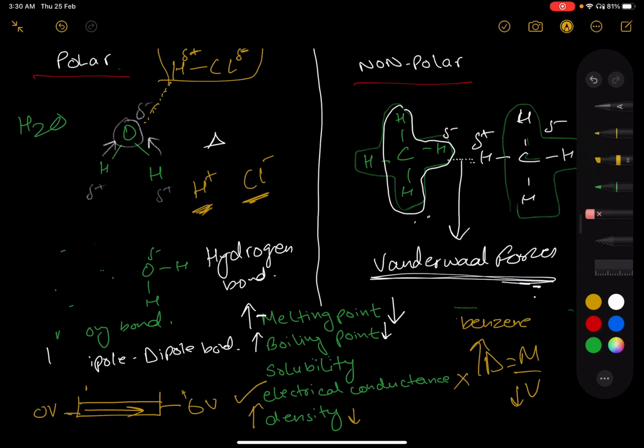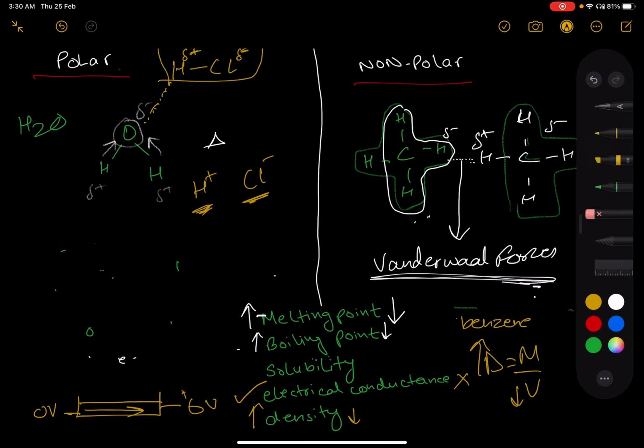An interesting example to conclude the lecture would be this. If you take a container and you fill it with a non-polar compound, let's say octane. Then you start to fill water in it. What will happen?